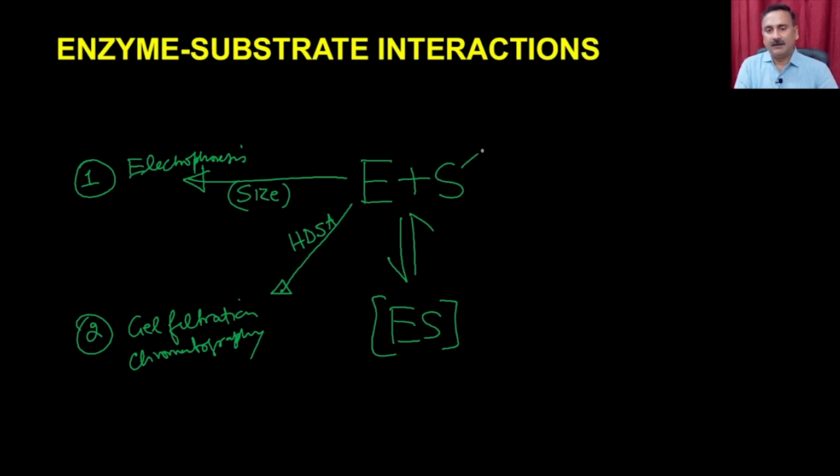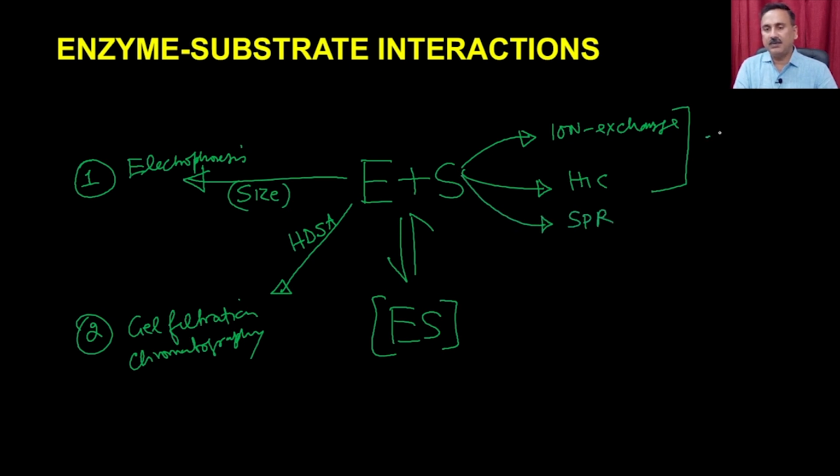And then third, you can use ion exchange chromatography, or you can use HIC, and you can also use SPR in case you are measuring a change in the surface chemistry of the molecule and the surface is interacting.